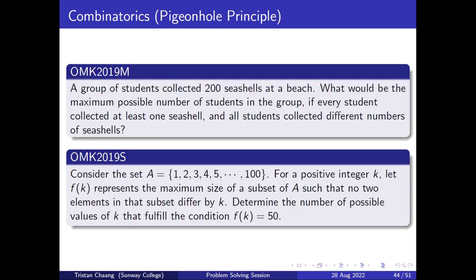Okay, so here are the actual OMK problems that I found. In 2019, there are actually 2 of them. The first one is a section A problem. I'm not sure if you know, OMK has 2 sections, section A and section B. Section A is where you just write answers.